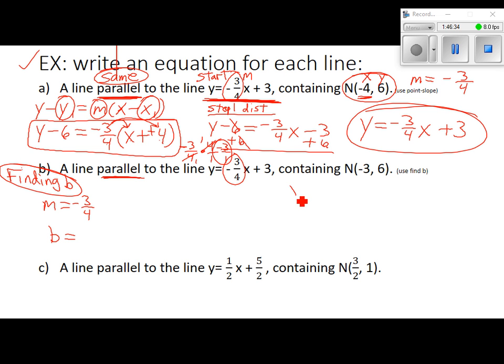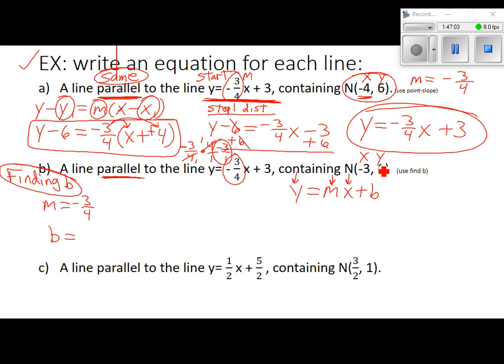The way we're going to do that is we're going to take y equals mx plus b. So I got y equals mx plus b, and all I'm going to do is plug in for y, plug in for m, and plug in for x, and all that leaves me with is b all by itself, and I can mathematically figure out what b has to be.